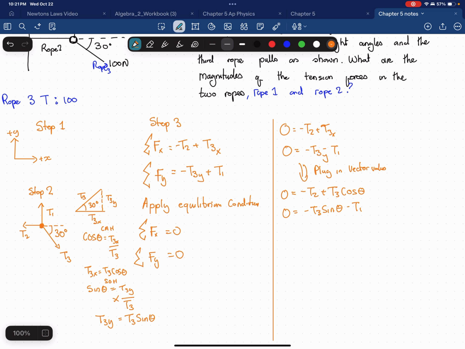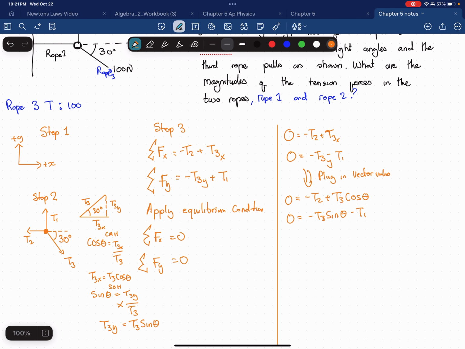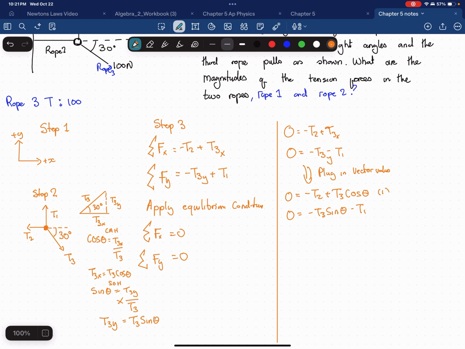So now all we need to do is move things around. The magnitudes we want to find are those of T2 and T1, so let's get T2 and T1 on one side of the equation. If I say this is equation 1 and this is equation 2, let me manipulate them.